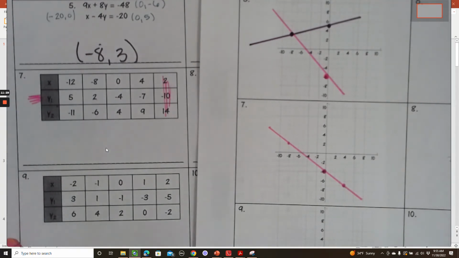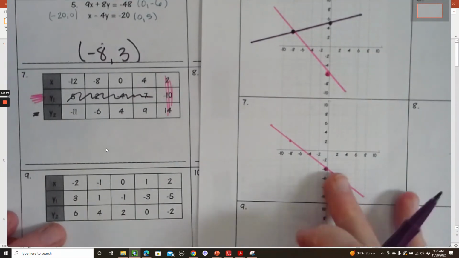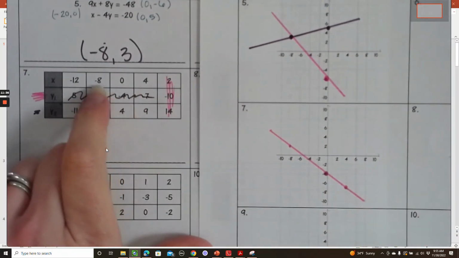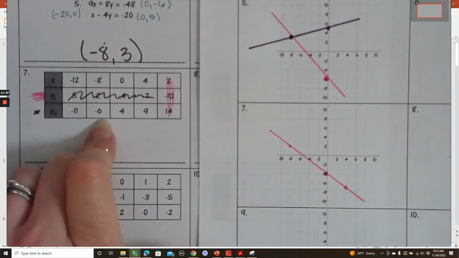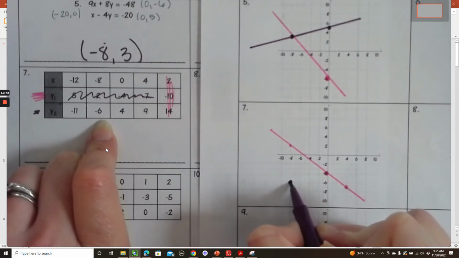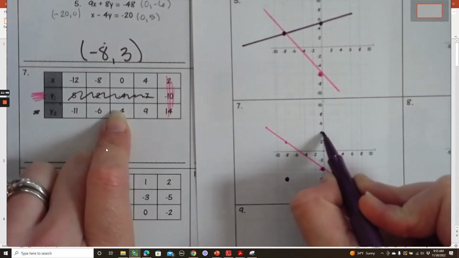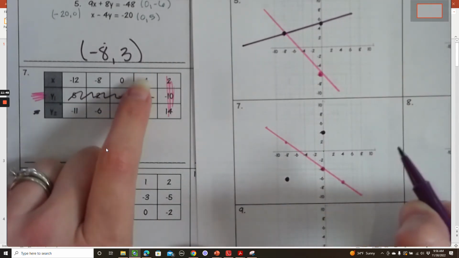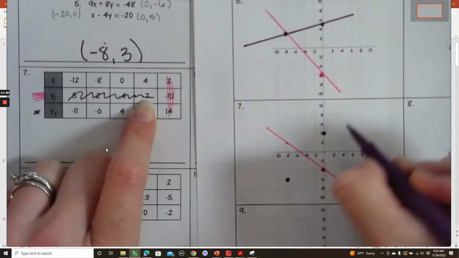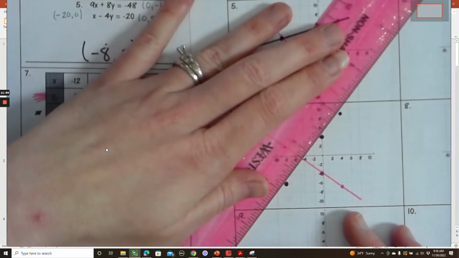And then y2. So I'm going to ignore all of these. So -8, -6. Over to -8, down to -6. 0, 4, and then 4, 9, and then I can connect.